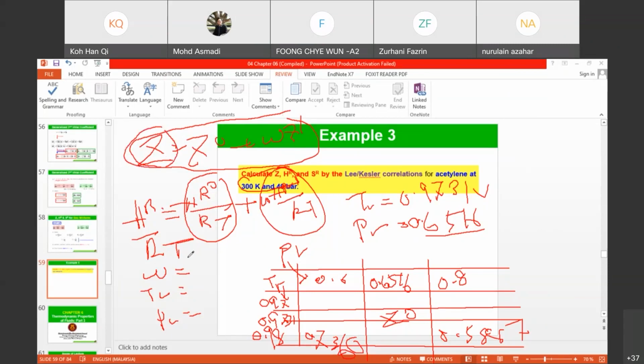Okay. Omega is equal to 0.17, 308.3, 61.39. Kelvin and bar, sorry, Kelvin, bar.